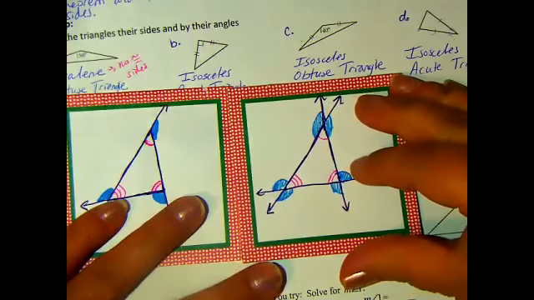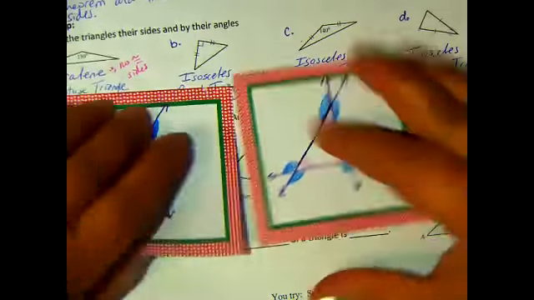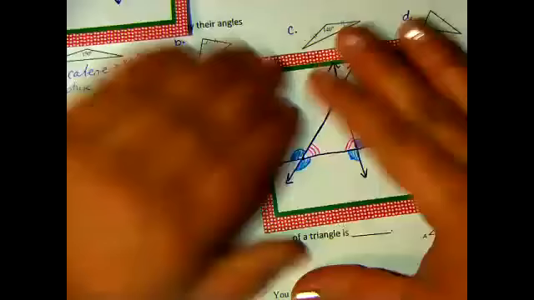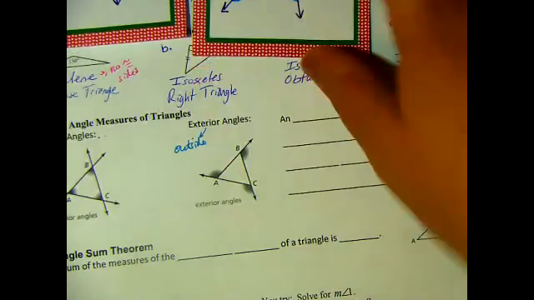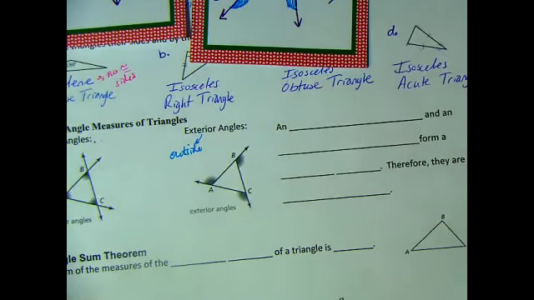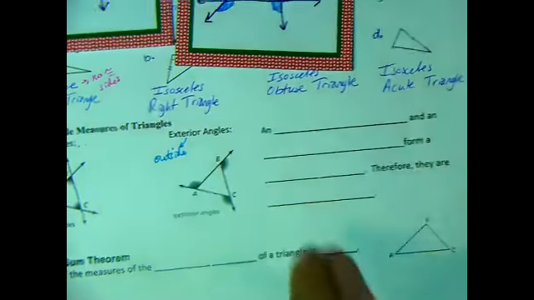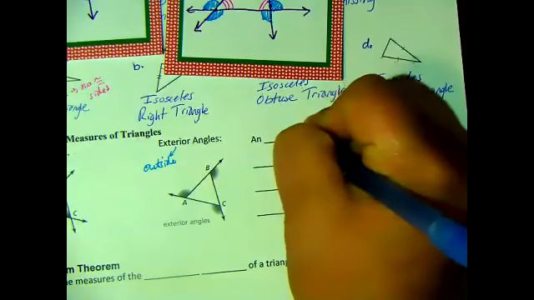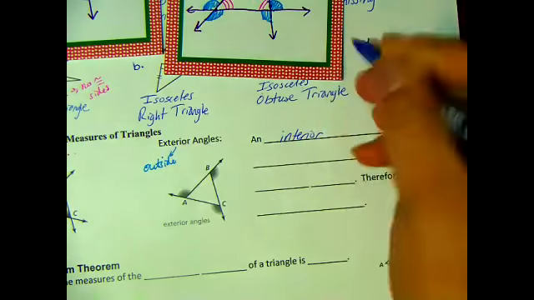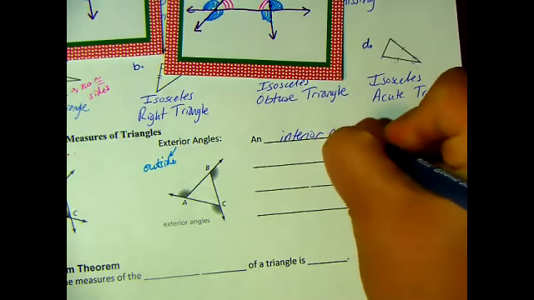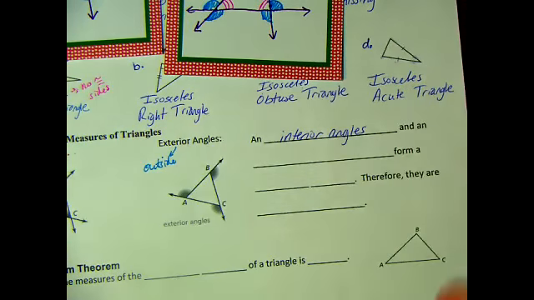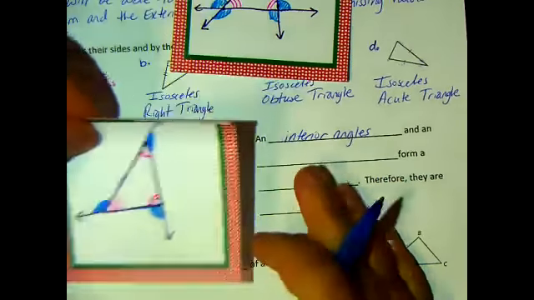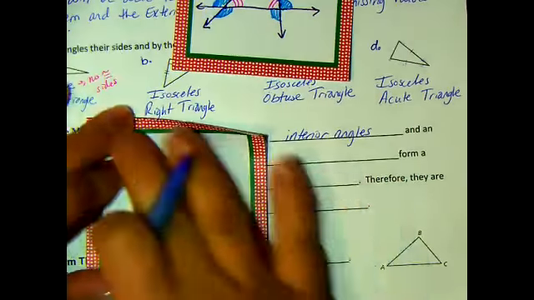Okay, so on that note, let's put some words down in our notes. It says an interior angle, okay. Now each pair of interior angles and exterior angles has a special relationship. So I want you guys to take a look at this more basic image here.